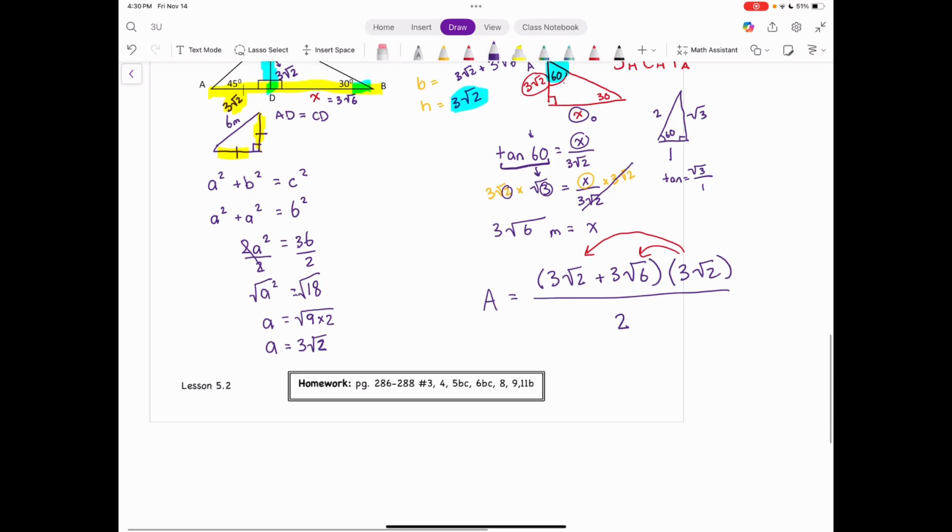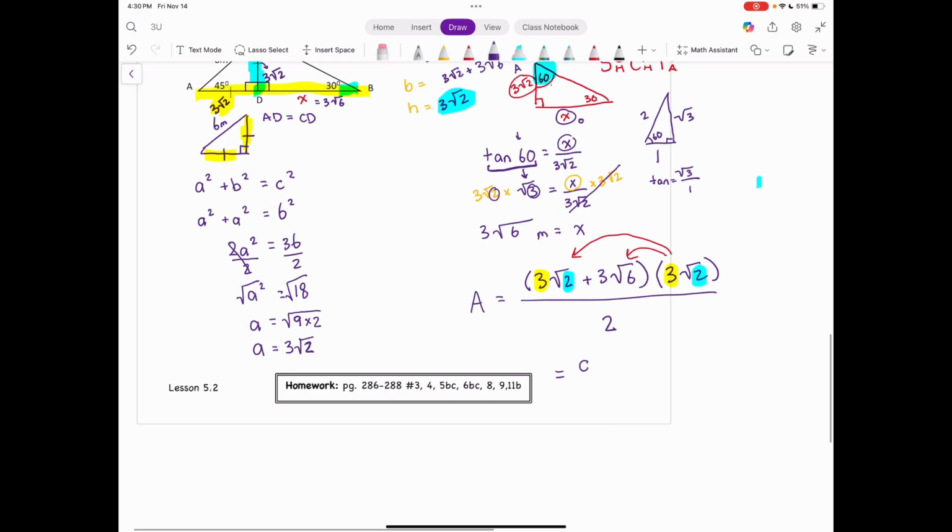Remember, when we multiply radicals, we multiply this number with this number, and then the radicand with the radicand. So we're going to get 3 times 3, which is 9.